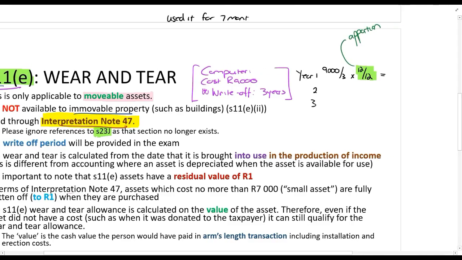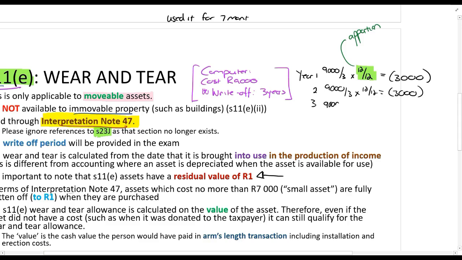That gives us a write-off of 3,000 rands. I just want you to see the basic principle. Same thing for year 2. How long did we use it? We used it the entire year, and so forth. Now I just want you to see in year 3, one of the special rules here. We're looking at this rule where they talk about a value of 1 rand.